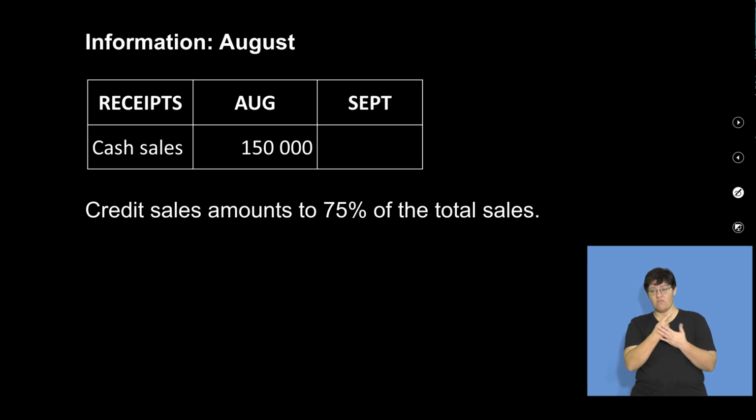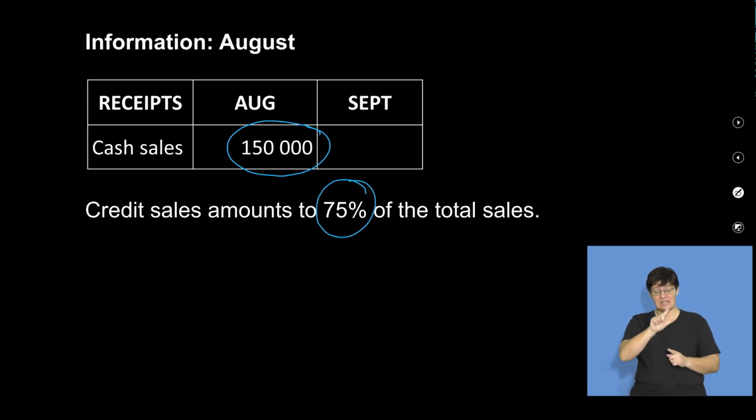They're telling you that if the cash sales is 150,000 Rand for August, 75% is your credit sales. You can clearly see that 25% of those total sales will be your cash sales, right? Again, information that's provided to you.